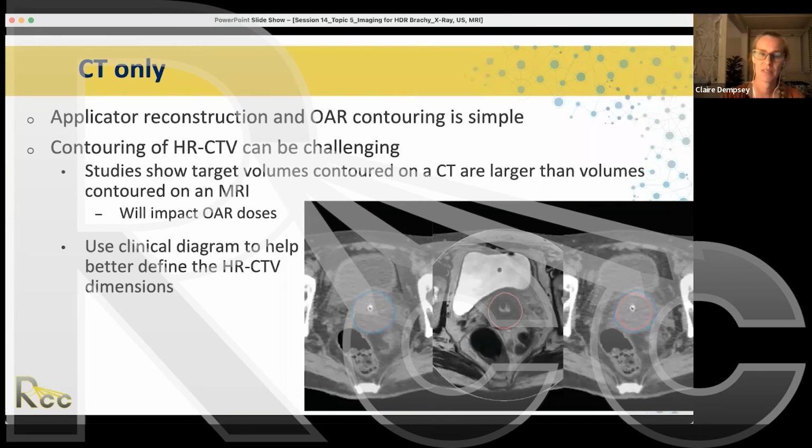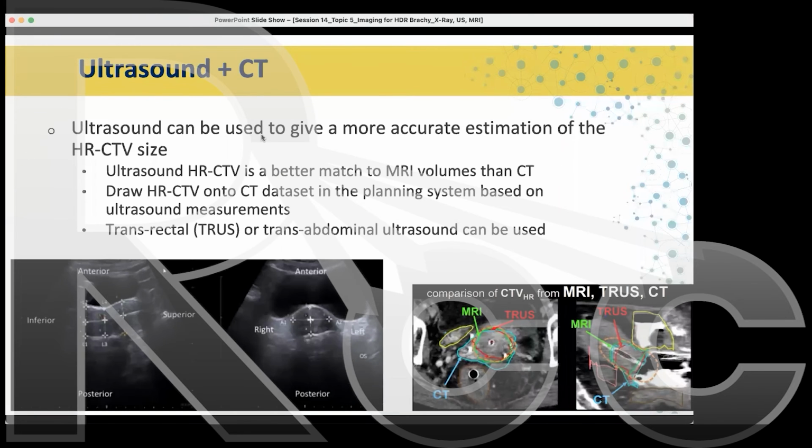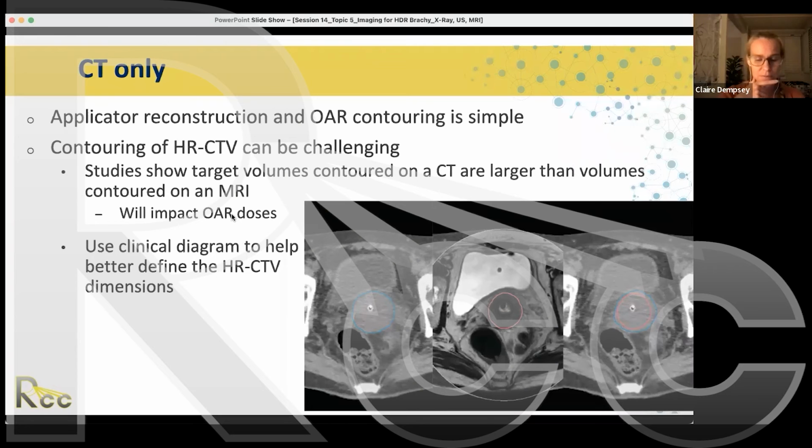That's the challenge with CT only. What we've found, and there've been several studies published, is that if you try and contour a target volume on a CT data set, the volume will almost always be bigger than if you contour the volume on an MRI.